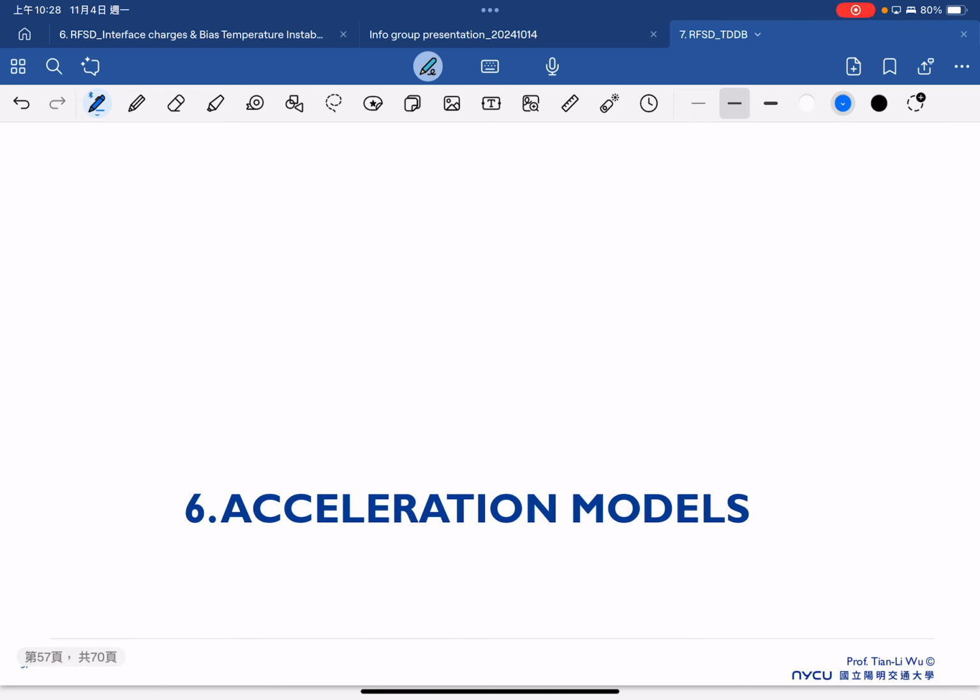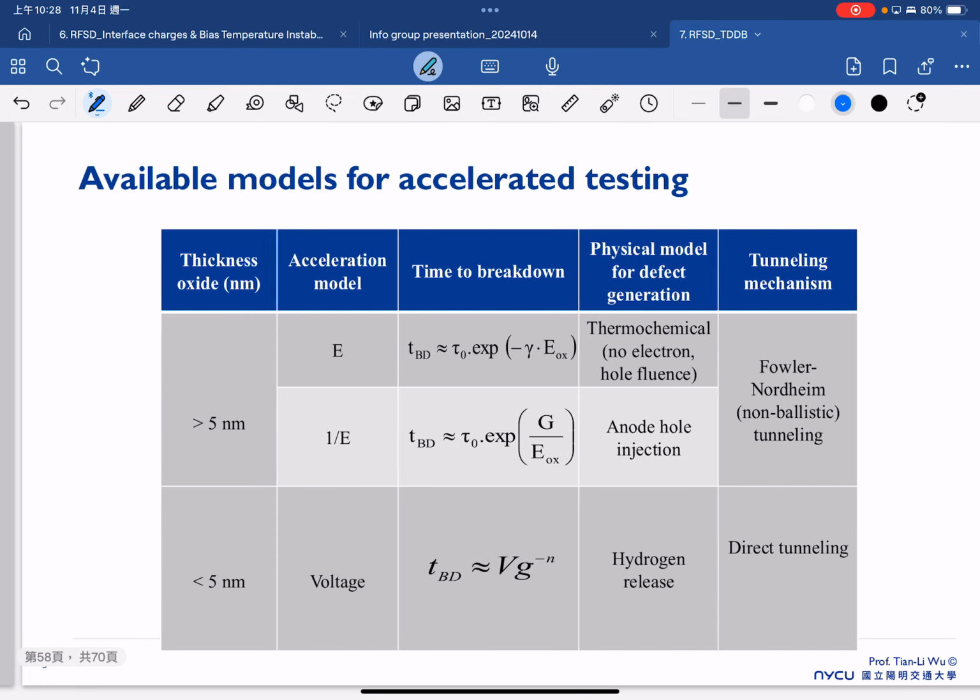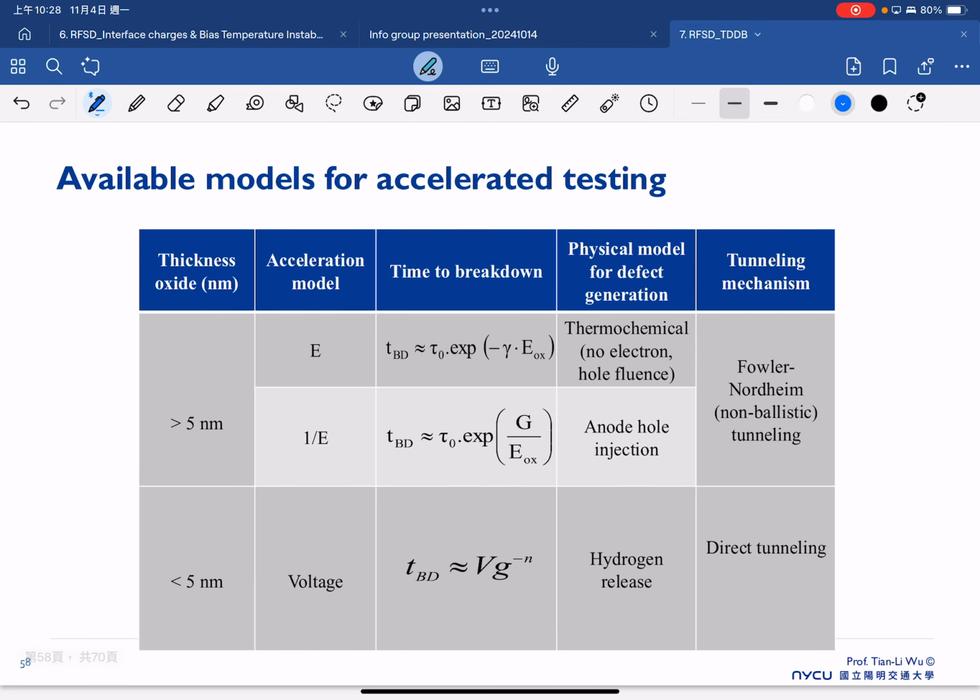Okay, the last topic is the acceleration model. When we talk about acceleration testing, we have previously discussed what it means: we try to accelerate the degradation, and then use this accelerated degradation with a certain model to predict the lifetime.